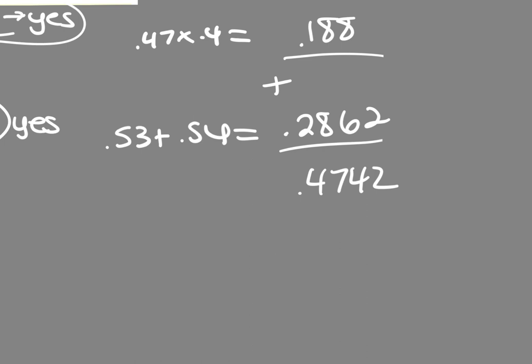I think it's a whole number. It says decimal? Oh, maybe it'll take both answers. Okay. Yeah, because it says 47.42%. So you could probably have done both. I got it wrong. How did you type it in? Oh, it's a percent?